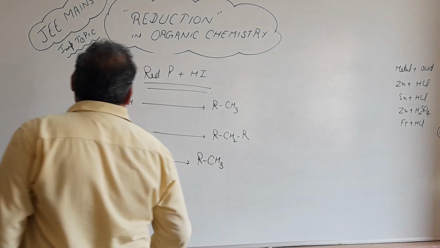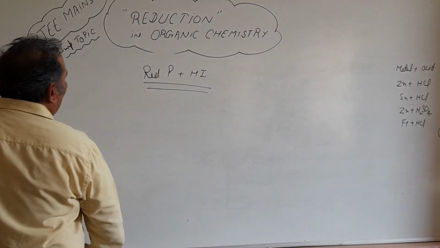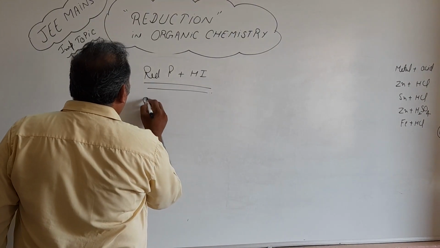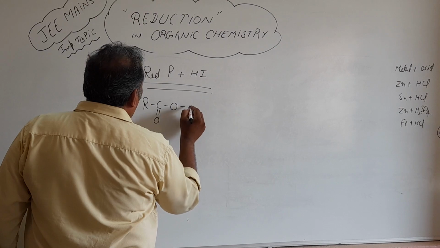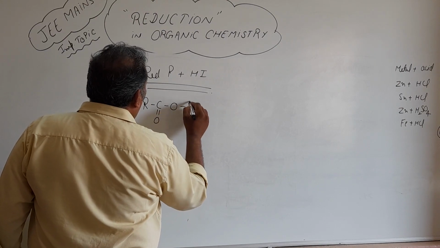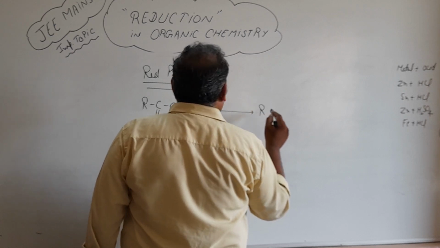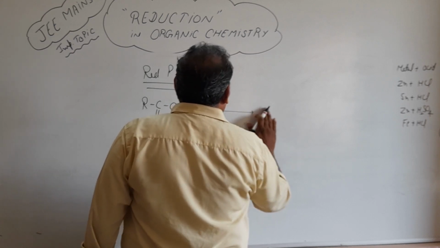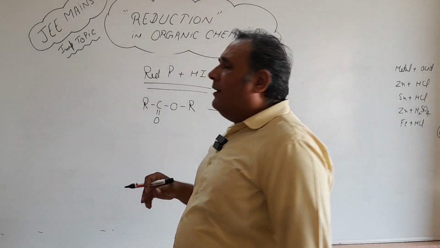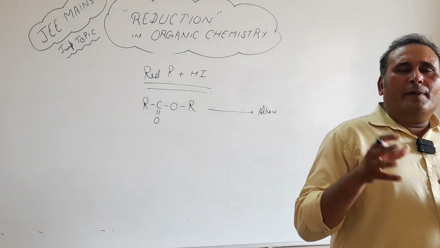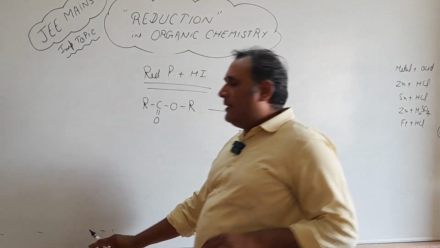Next, if we are using ester, it also converts ester into alkane. So almost all functional groups get converted into alkane using red phosphorus plus HI.